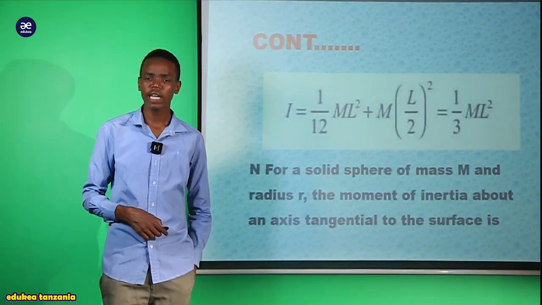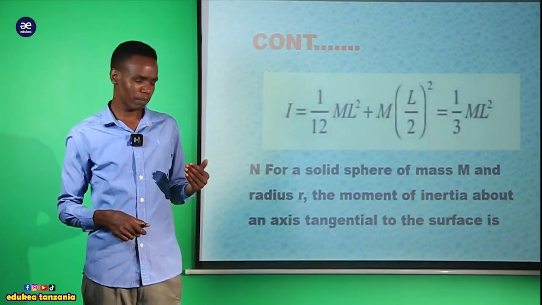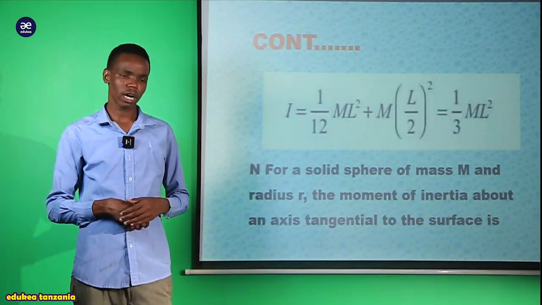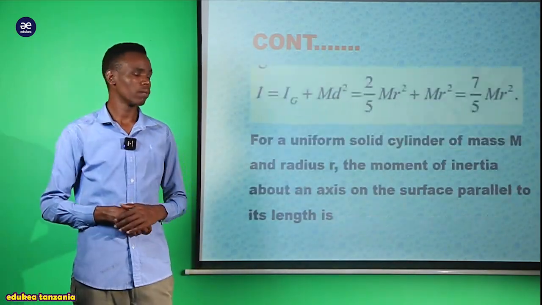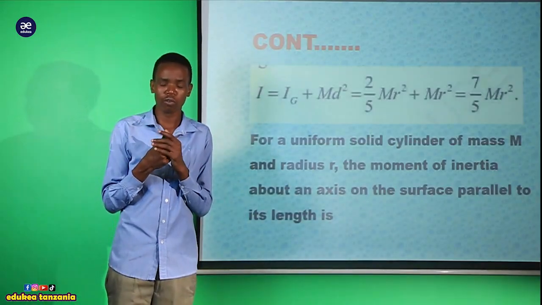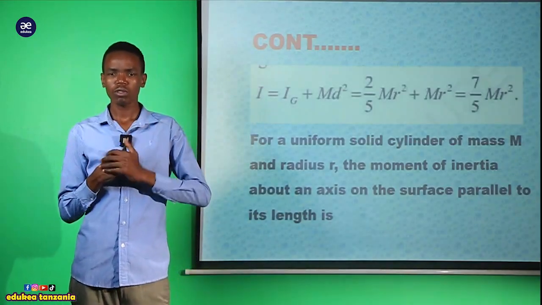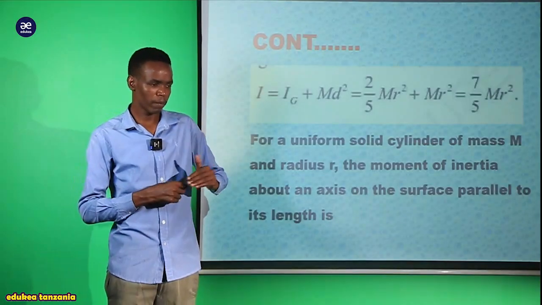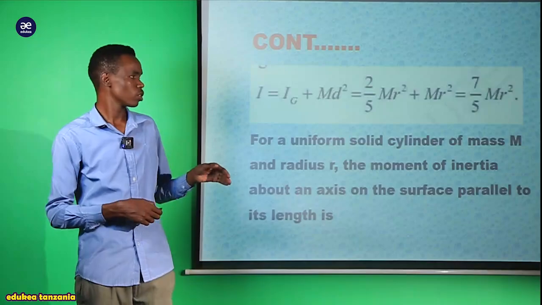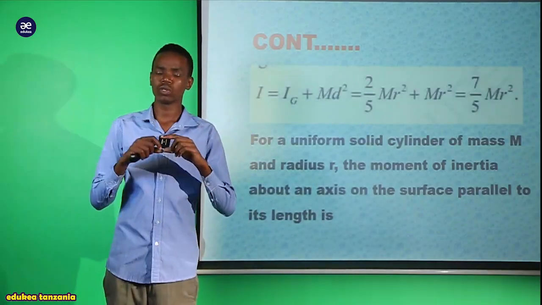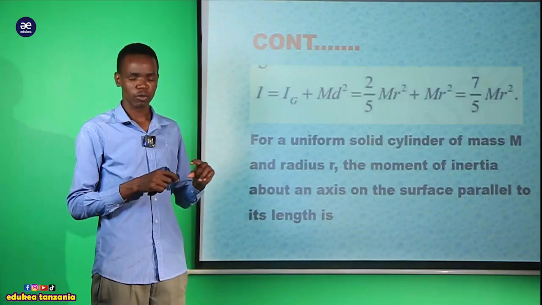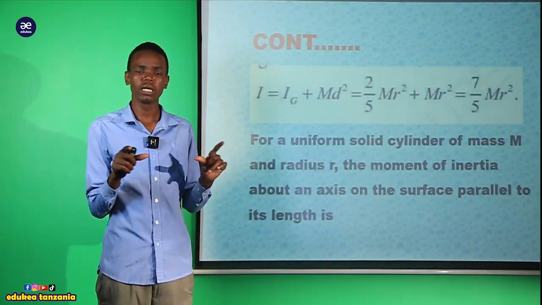For the solid sphere containing the mass m and the radius r about an axis tangential to the surface, it can be demonstrated using the law of the parallel axis, by saying that the moment of inertia of a rigid body must be equal to the moment of inertia through the center, then we add the mass times the square distance, where the distance is perpendicular to the parallel axis.